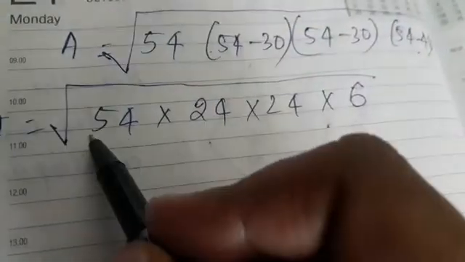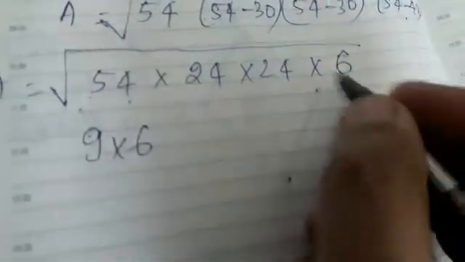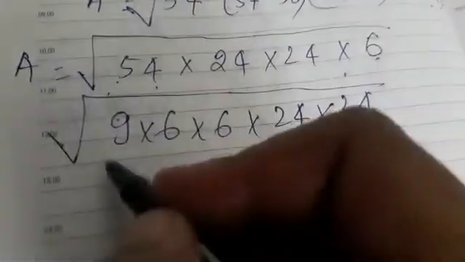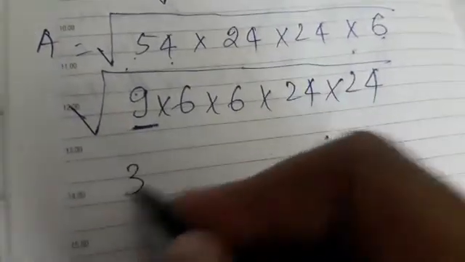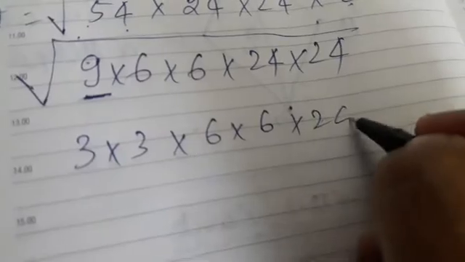Now if I factorize 54, I get 9 into 6, and 9 I can write as 3 into 3. 6 I will bring here into 24 into 24. This can be written as 3 into 3 into 6 into 6 into 24 into 24.